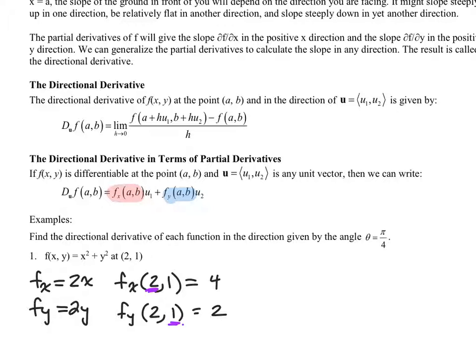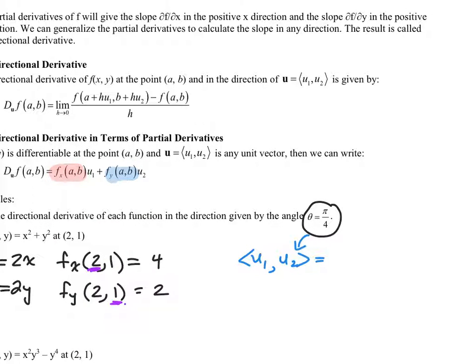So what I need now is my unit vector. My unit vector comes from the given angle. All related to the unit circle again. So the unit vector is going to be cosine theta, comma sine theta.